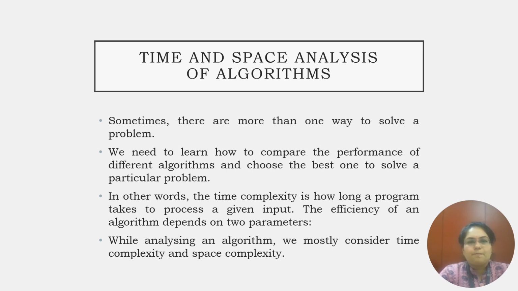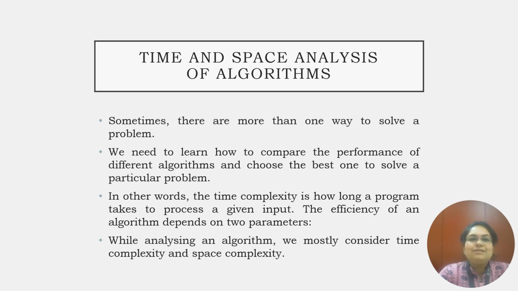In other words, we can say that the time complexity is how long a program can take to process a given input. The efficiency of an algorithm depends on two parameters.